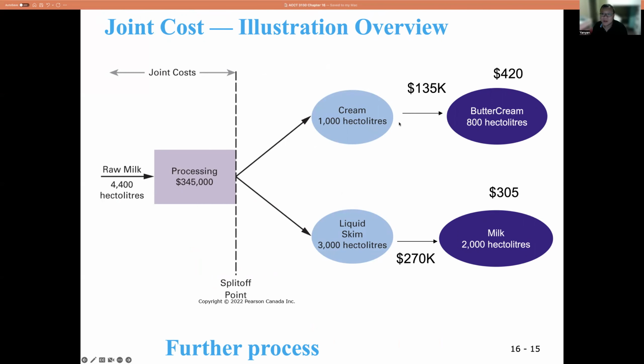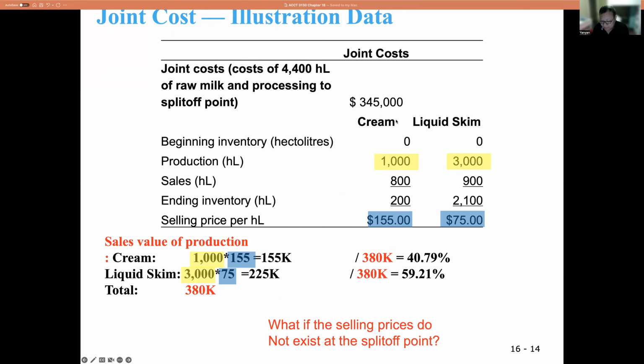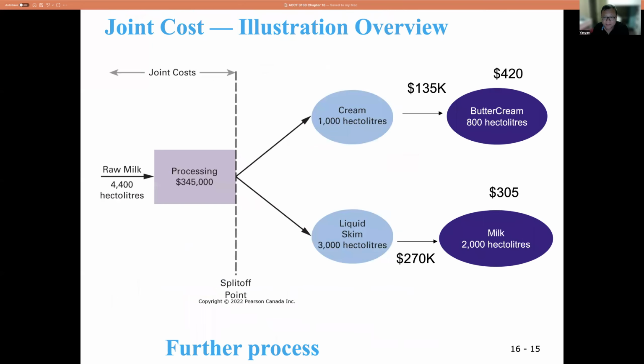Now, suppose they can be further processed. For the cream, they will need $135,000 to further process the cream into buttercream. And you have 1,000 hectoliters of cream, and you are able to get 800 hectoliters of buttercream.